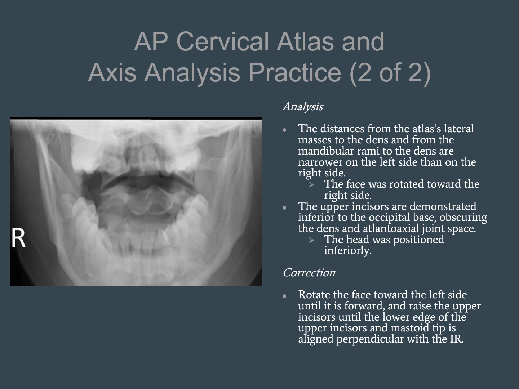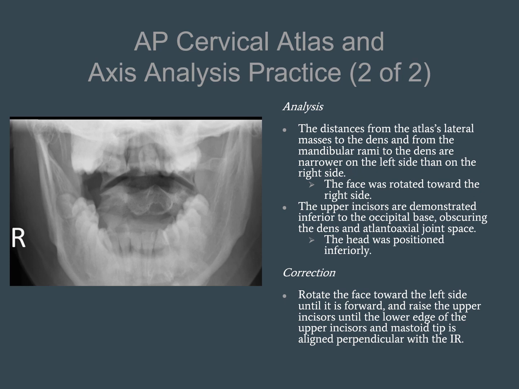Also, there is slight rotation demonstrated in this image. You can see that the distances from the atlas's lateral masses to the dens and from the mandibular rami to the dens are narrower on the left side than on the right.